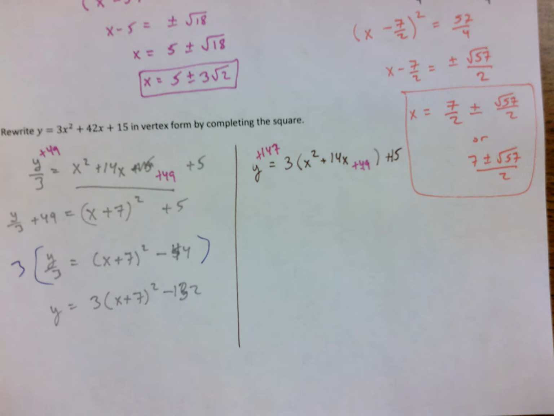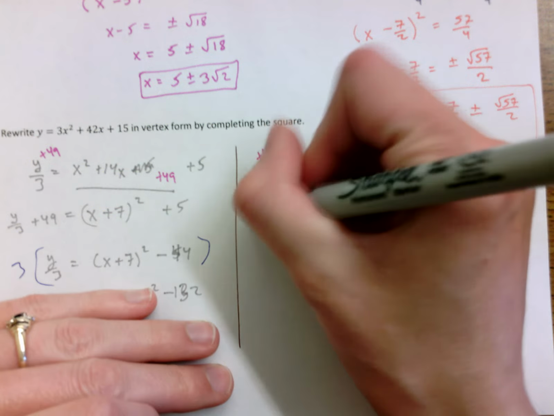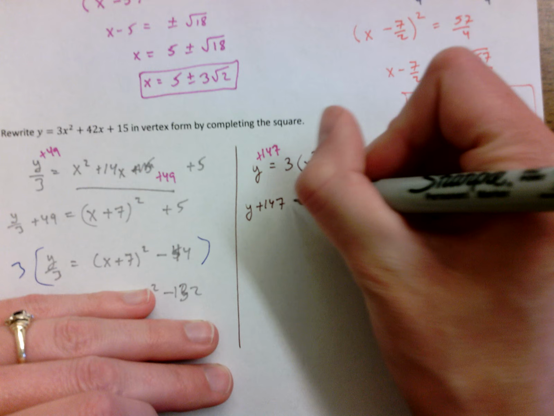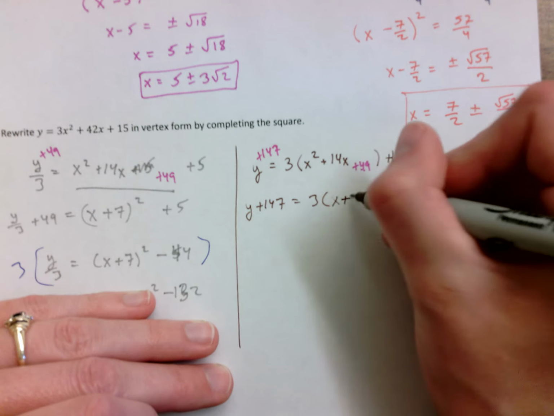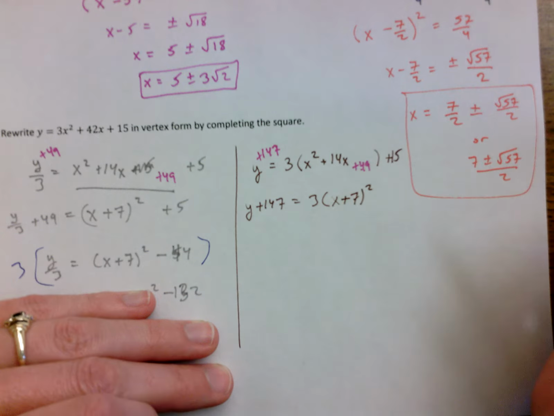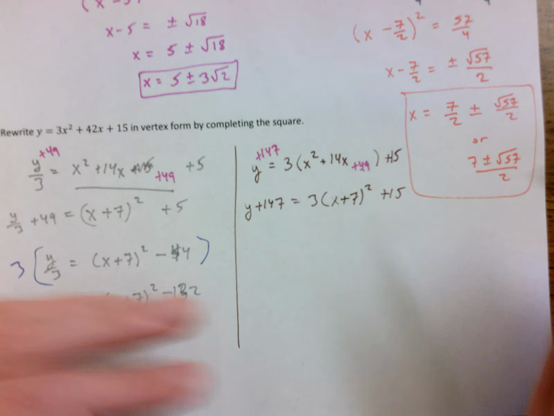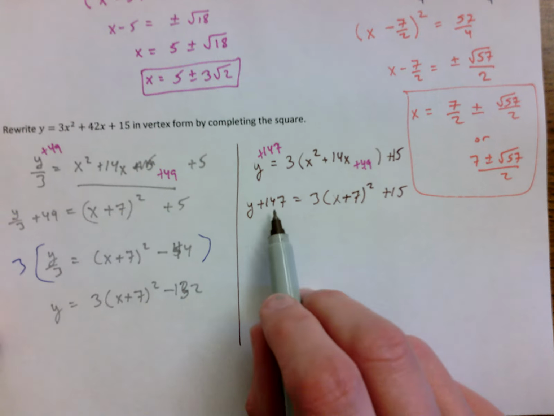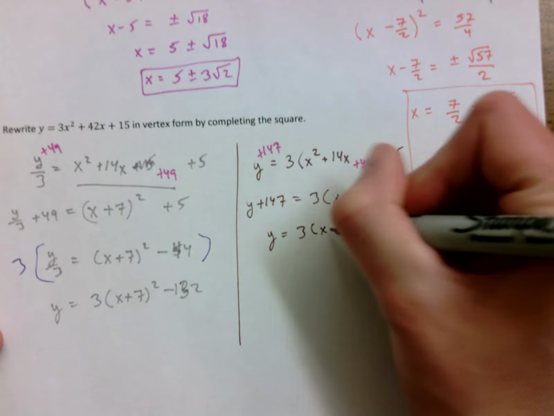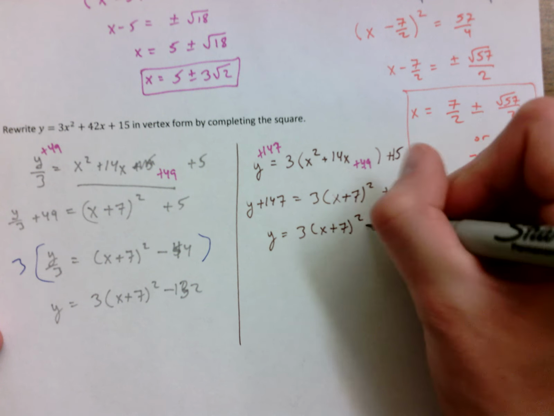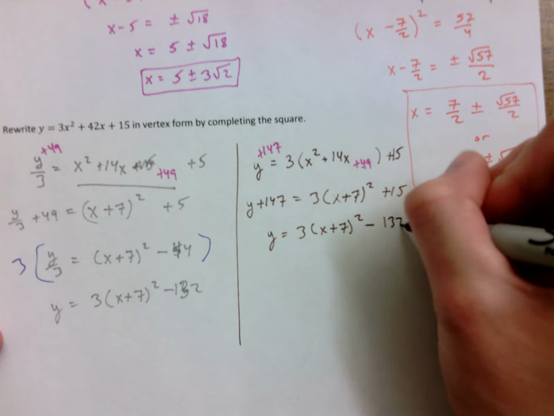Okay, so then I have on the left side y plus 147. And on the right side, I've got 3 times, factor that into (x plus 7) squared still. And then the plus 15 is just chilling out. And then when I subtract that 147 from both sides to get the y by itself, and combine it with its like term, that's where you're going to get that negative 132.